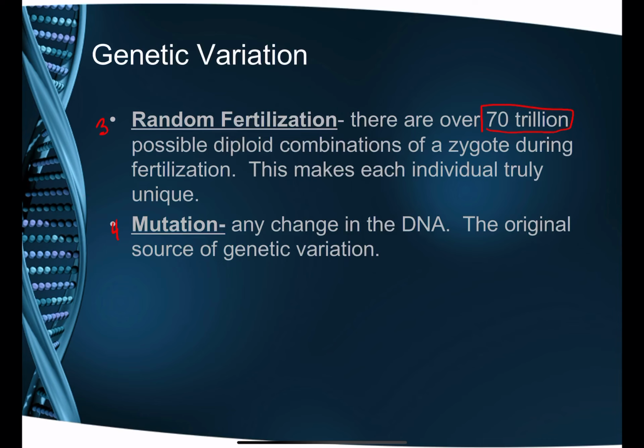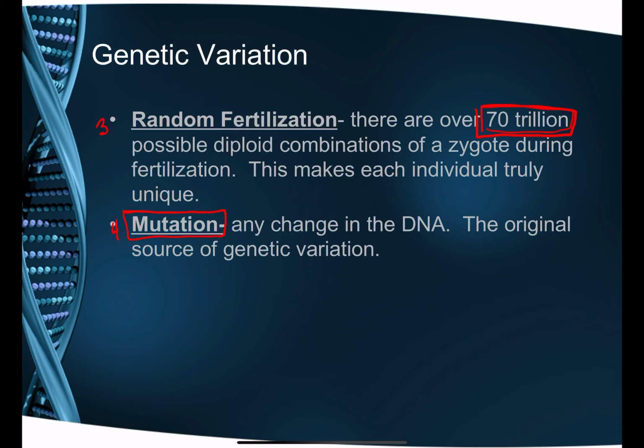Now, on top of that 70 trillion, though, we still have this guy that we haven't accounted for, and that's mutations. So mutations can happen in the gametes, but we also know that mutations can happen in the DNA as the gamete continues to divide and reproduce. Okay? And so a mutation is any change in the DNA, and that's how we get genetic variation.